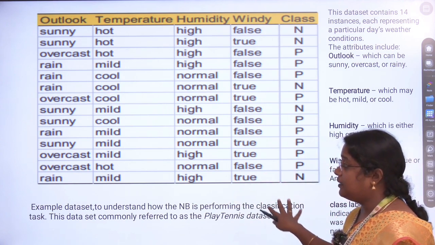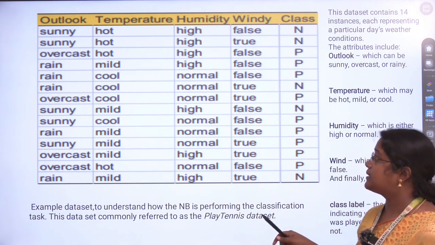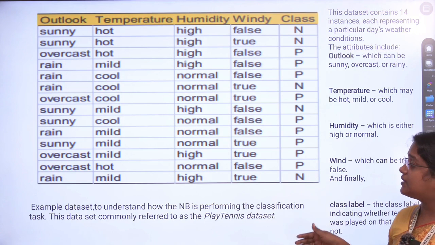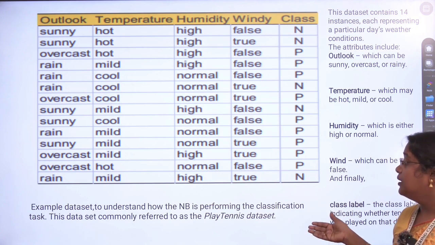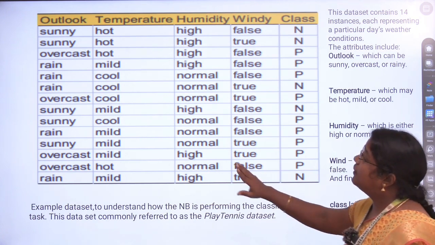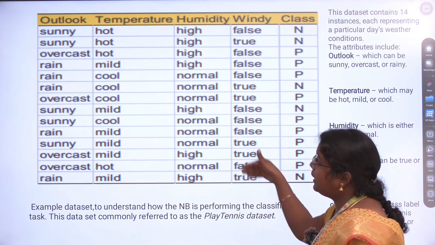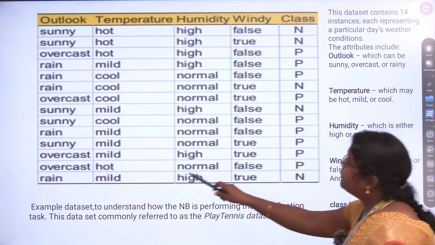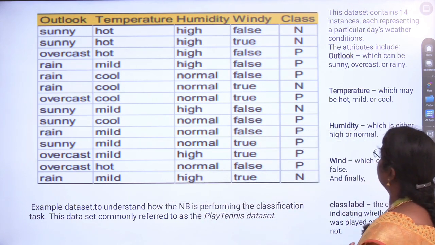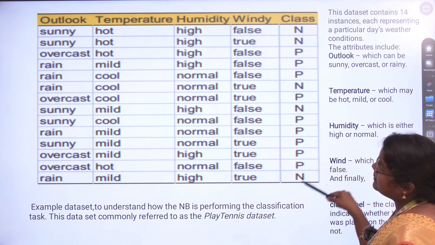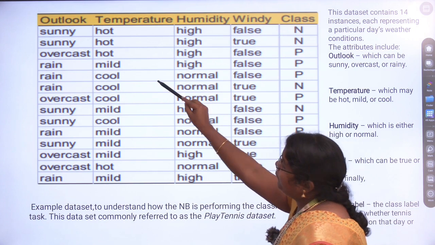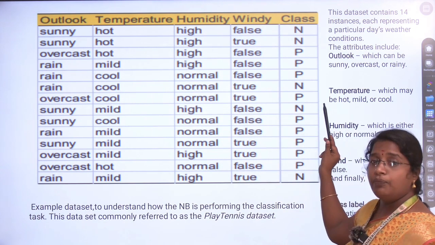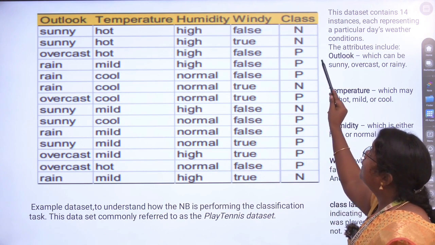Here I have taken an example data set to understand how Naive Bayes performs the classification task. Actually, this data set is commonly referred to as the play tennis data set. This contains 14 instances. Each instance represents a particular day's weather conditions. You can see this data set contains the input features outlook, temperature, humidity and windy, and one target class, that is the class.